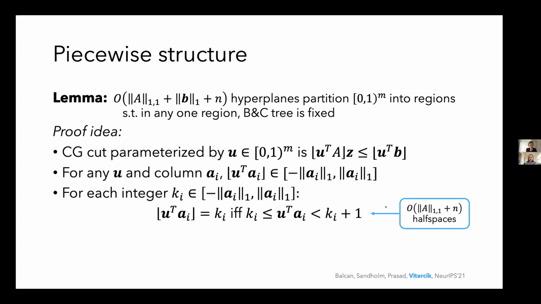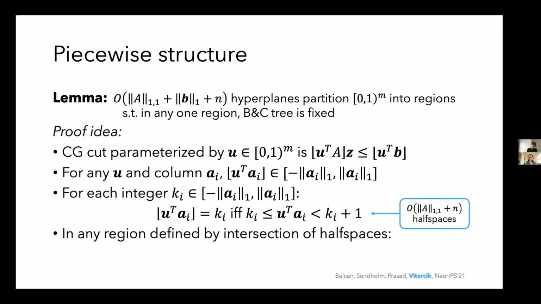And if you look at this formula, we're defining essentially the norm of A plus n many half spaces. And that's why this norm of A plus n is showing up in the number of hyperplanes that we get in this lemma. And in any region defined by the intersection of these half spaces, every single component of this constraint vector is fixed.